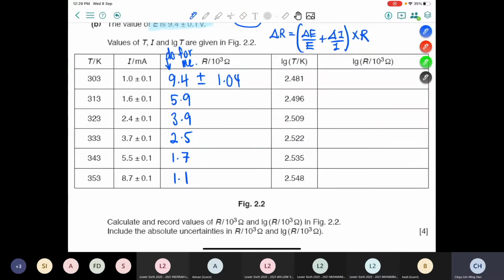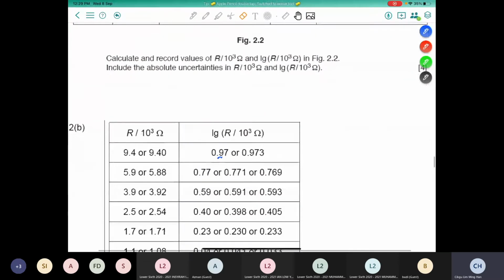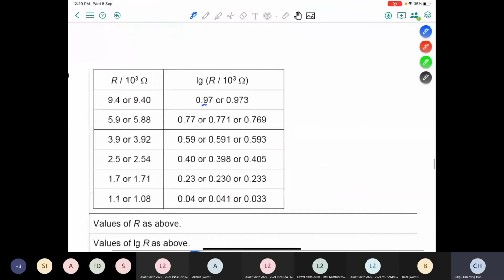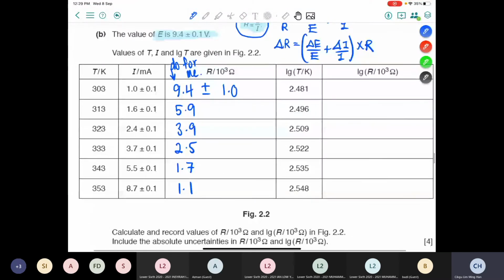So we have to choose one. There is a gap here. So this is the value, somewhere between 0.9 to 1.2. So 1.04, 1.0.